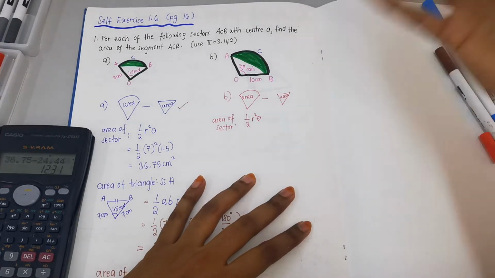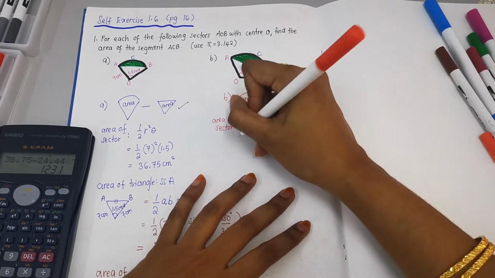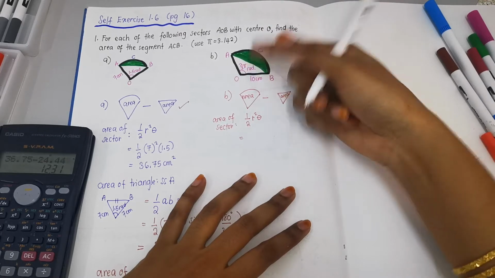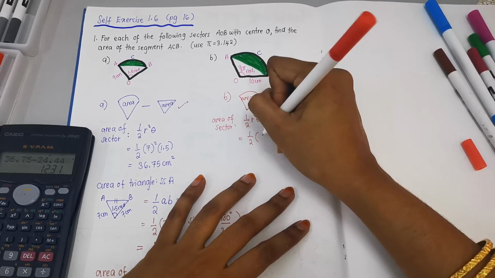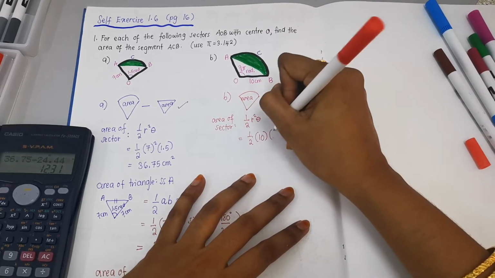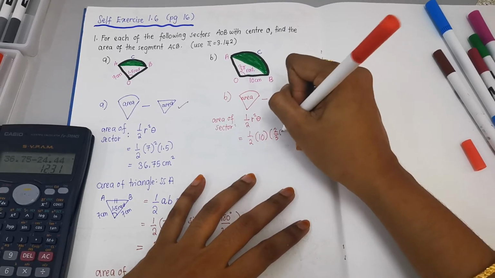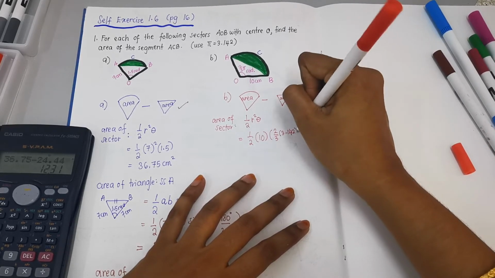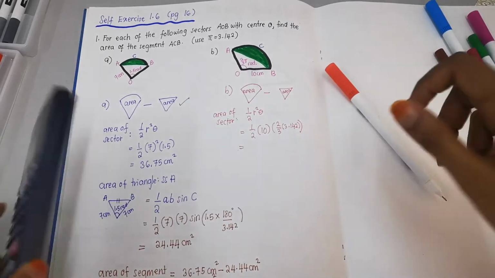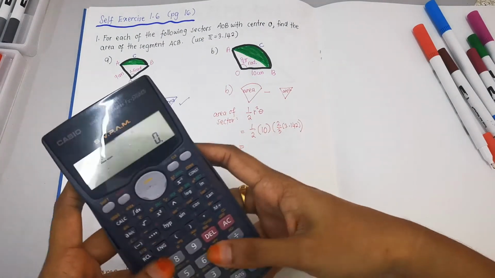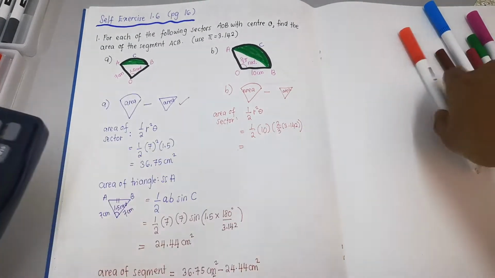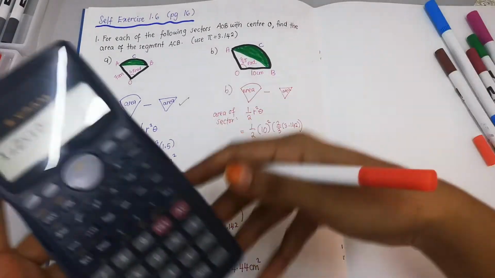Writing down the formula will help you memorize. Do we have the r? Do we have the theta? Yes, we have everything. We can find immediately. So theta is 2 over 3 pi. For the pi, I'm going to write 3.142. Now just key in everything. Oh, r square. So this is square.